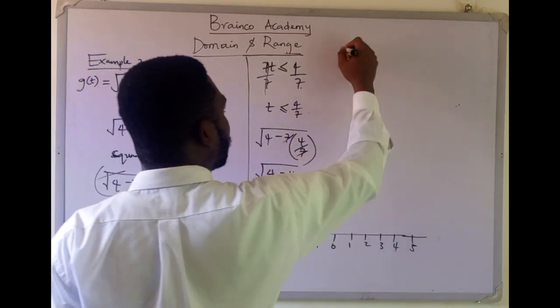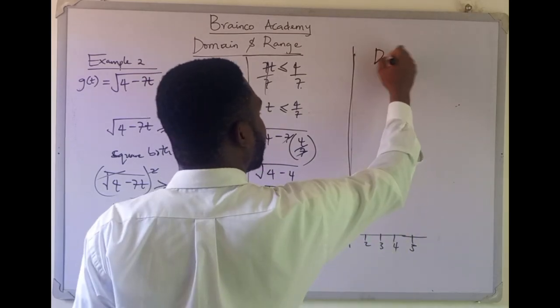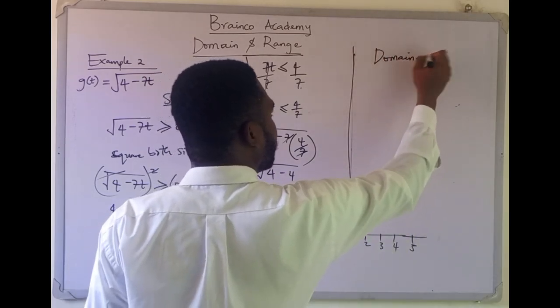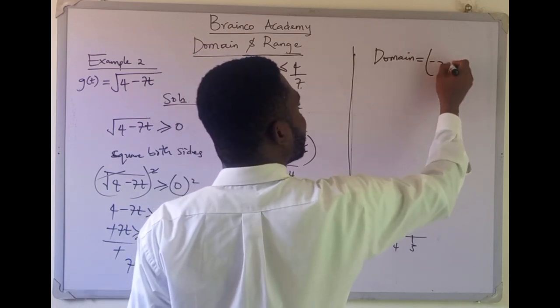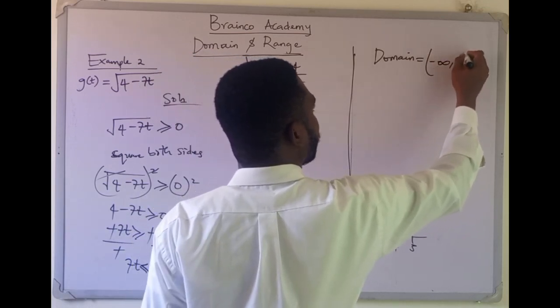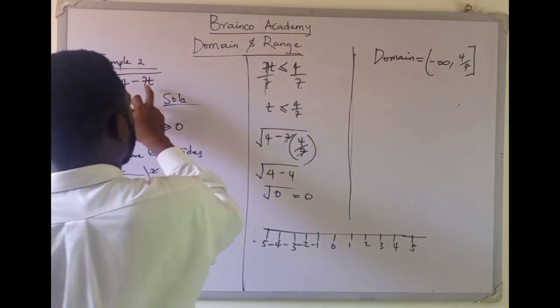So we can write our domain to be that all numbers from negative infinity up to 4 over 7 will make this function defined.